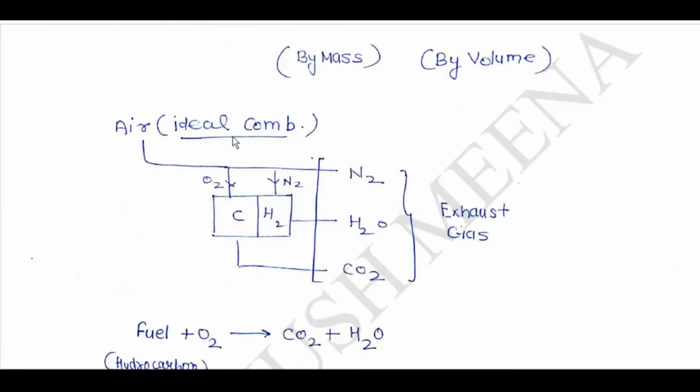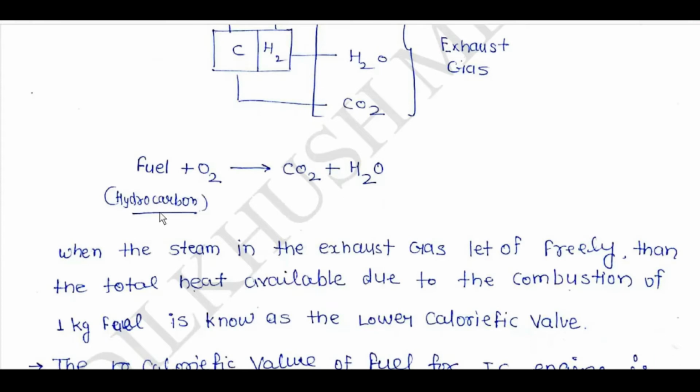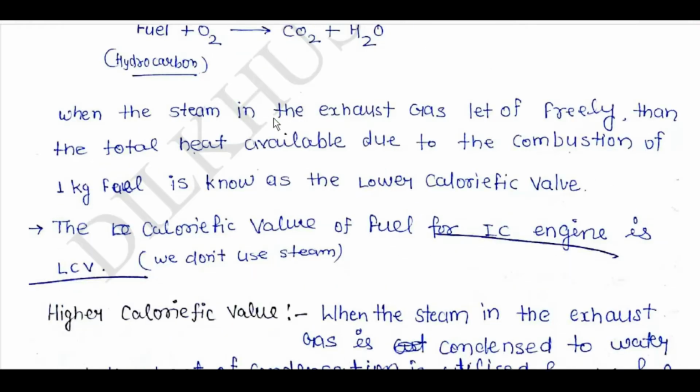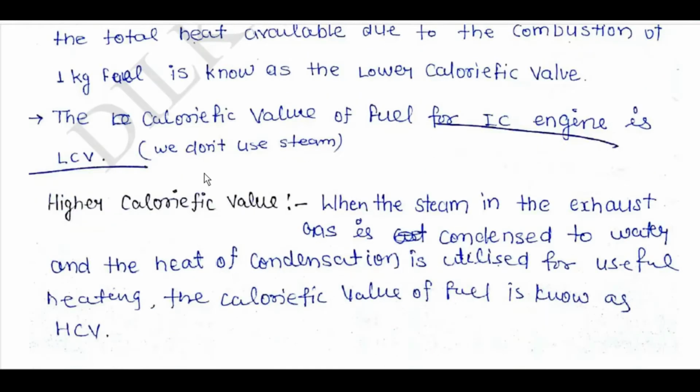In ideal combustion, the exhaust gases are N2, H2O and CO2. The fuel hydrocarbon plus O2 gives rise to CO2 plus H2O. When the steam in the exhaust gas is let off freely, then the total heat available due to combustion of 1 kg of fuel is known as lower calorific value. The calorific value of fuel for an IC engine is the lower calorific value.